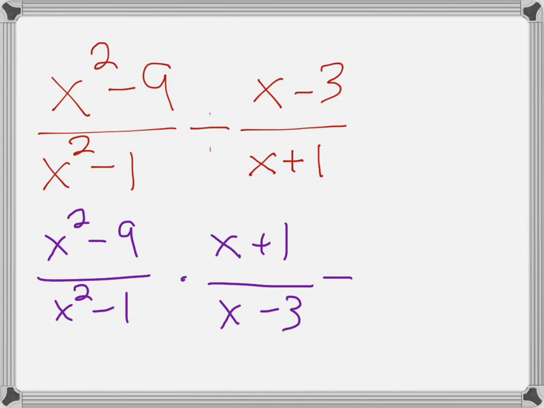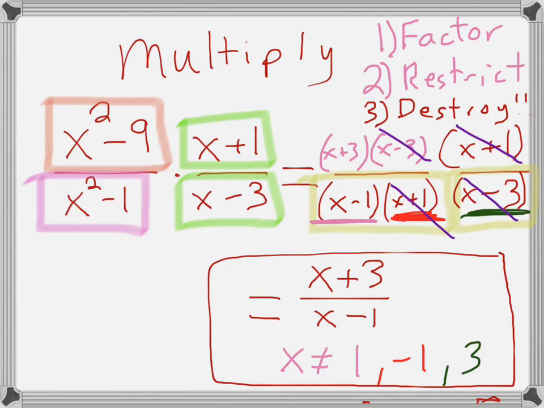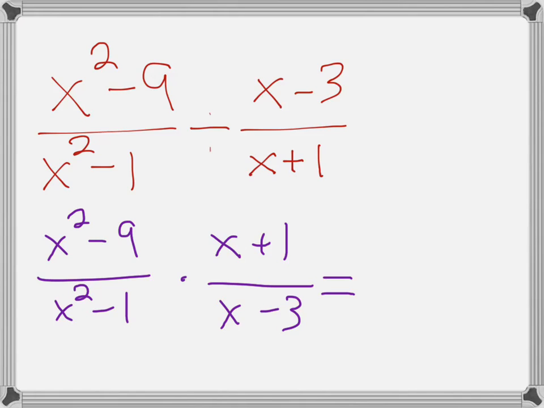And guess what? You already did this, right? Because division and multiplication are so closely related, the same techniques are used. So we got the answer of x plus 3 over x minus 1. But we had a domain restriction of x cannot be 3, 1, or negative 1.